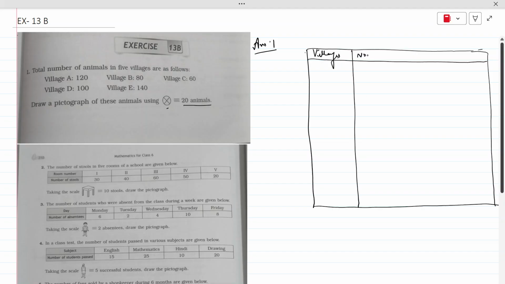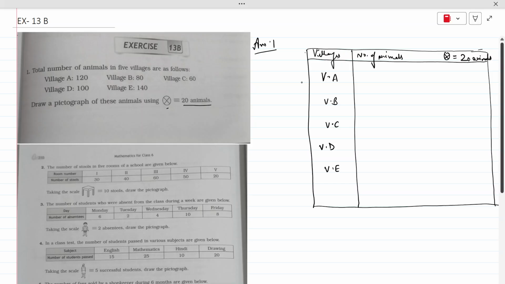And we are also writing here that the cross symbolizes one cross is equal to 20 animals. This is given to us. So first we have village A, village B, village C, village D and village E.